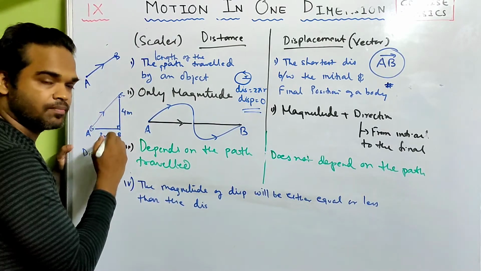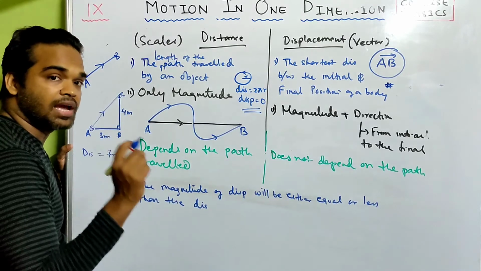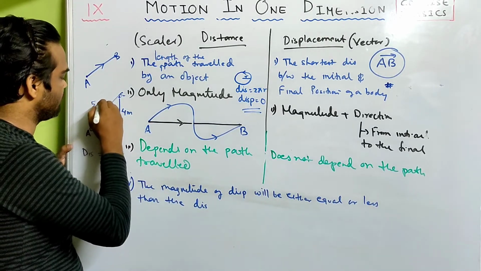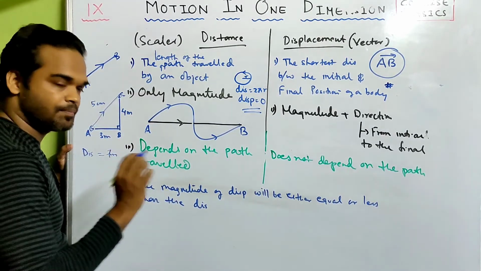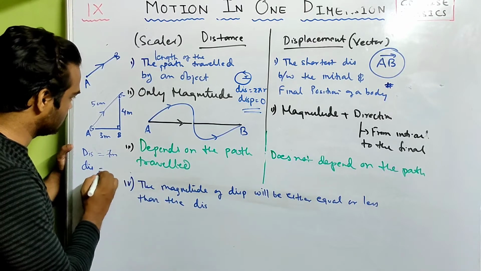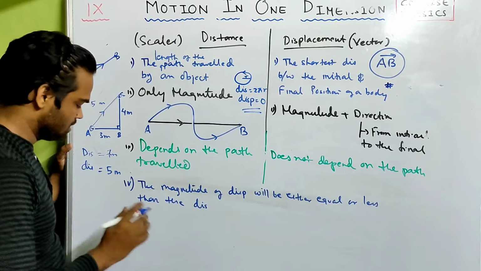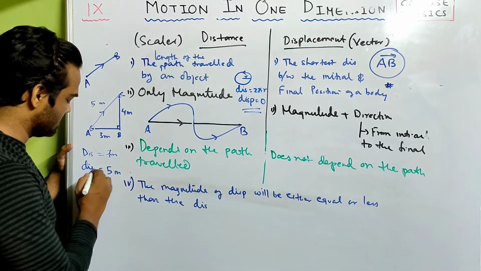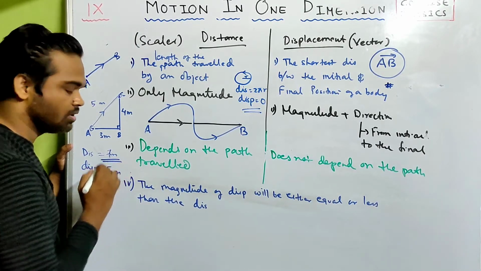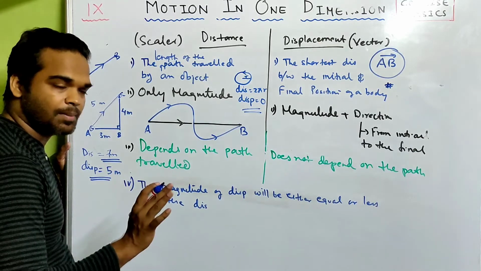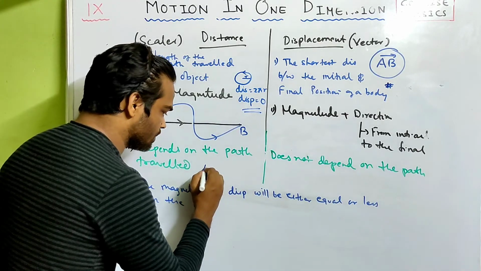And this is your direction. And we know AC is the hypotenuse, which will be 5 meter if this is a right angle triangle. Then your displacement is 5 meter, not centimeter, 5 meter. See, the displacement is less compared to the distance. Am I clear?